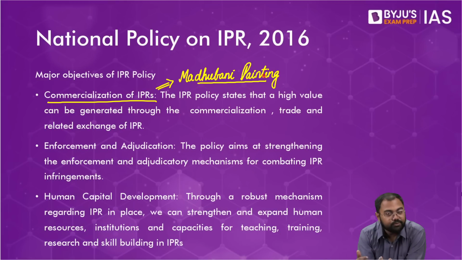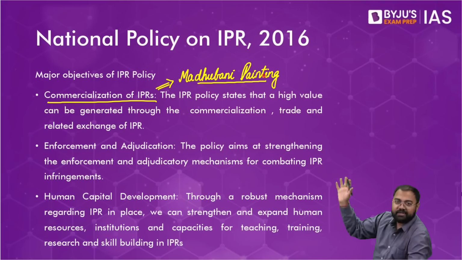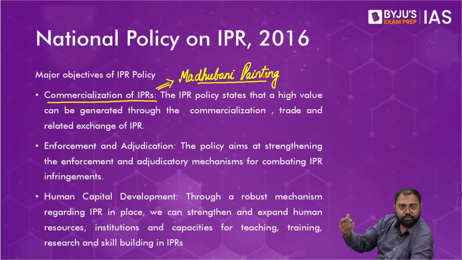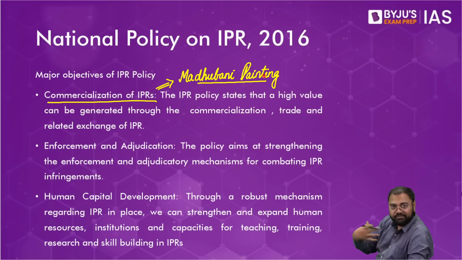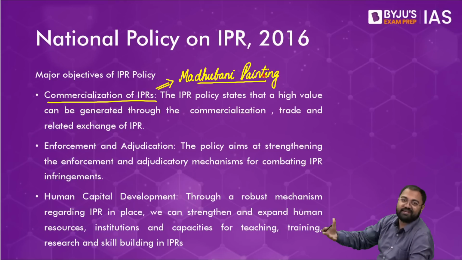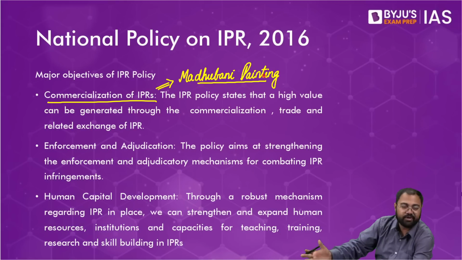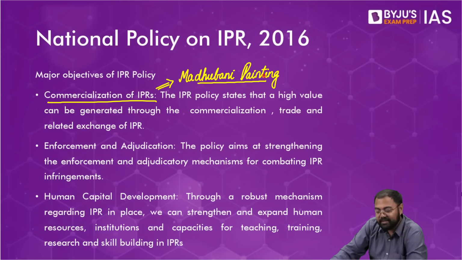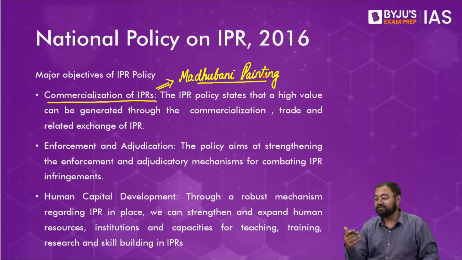So now, under those circumstances, what would happen is that somebody would go to them, let's say a multinational company or a big company that sells artwork, would go to them, buy their work very cheaply, and sign some contracts that okay, now we as a company have all the exclusive rights to sell your painting. They have no idea what they have signed. So ultimately, they might have been given, let's say, even rupees 1000, and they would think that they have been given a lot for that particular painting.